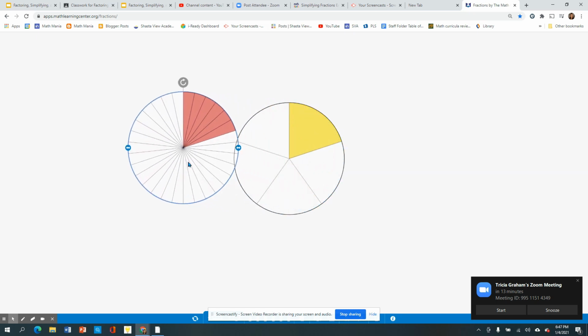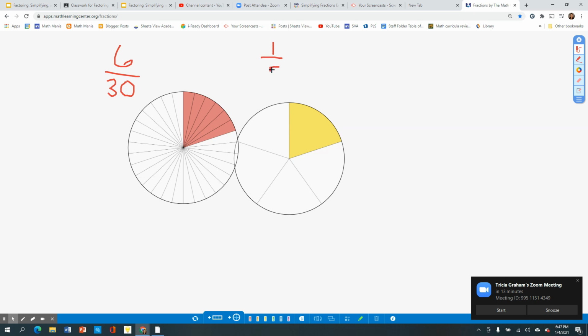So even though this is written as 6/30 and this is 1/5, they're actually the same number.